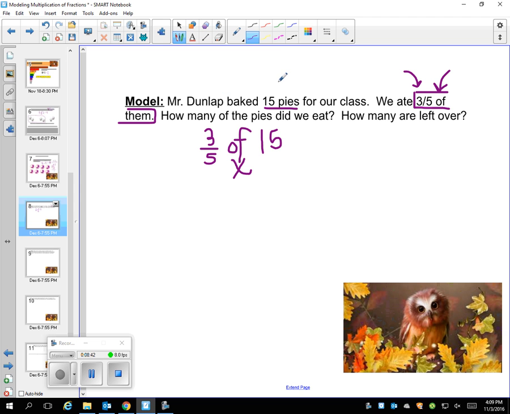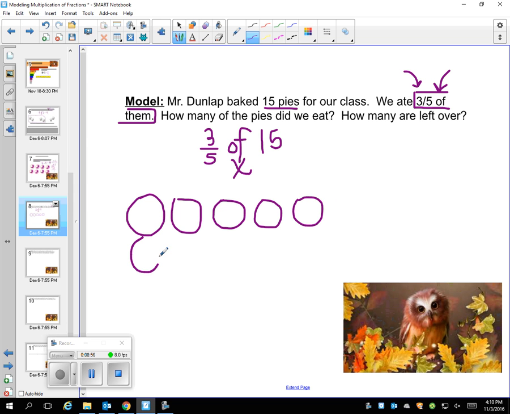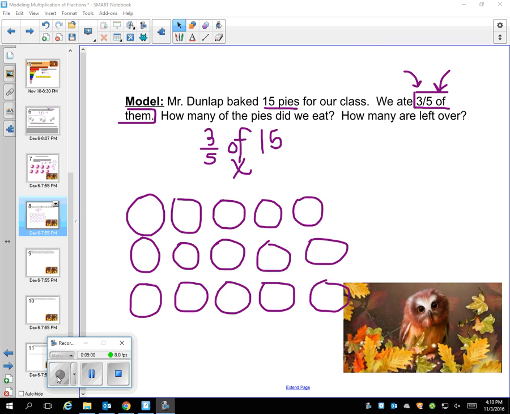So the first thing that we need to do is draw our pies. We need 15 pies. So 1, you don't have to draw these very big because we're just drawing the pies. 3, 4, 5, 6, and I'm drawing 15 of them. You do the same. Okay, so I have my 15 pies.